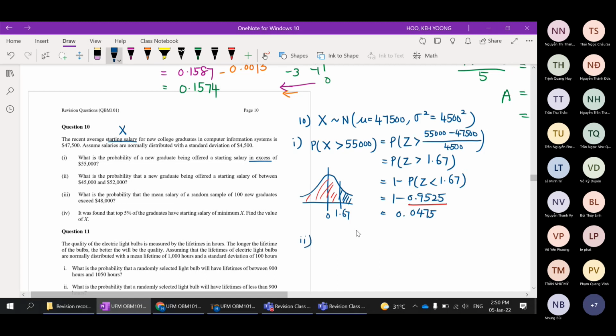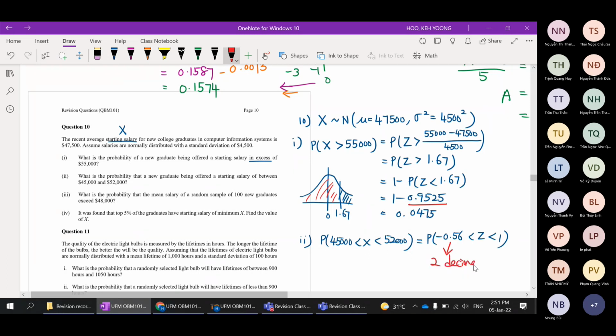Question 2, between 45,000 and 52,000. Convert both to Z, and you will get negative 0.56 and 1. Whenever you convert to a Z value, leave your answer in 2 decimals.